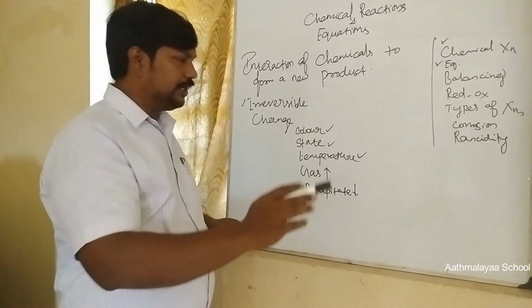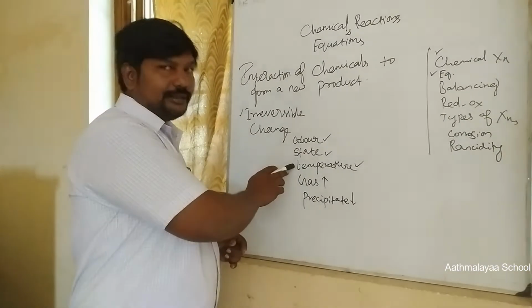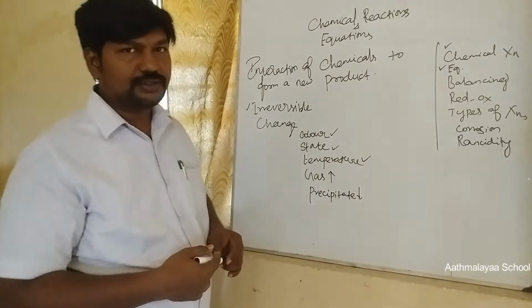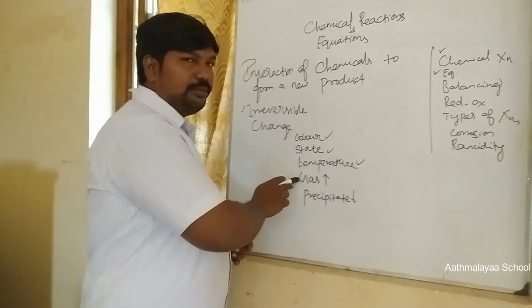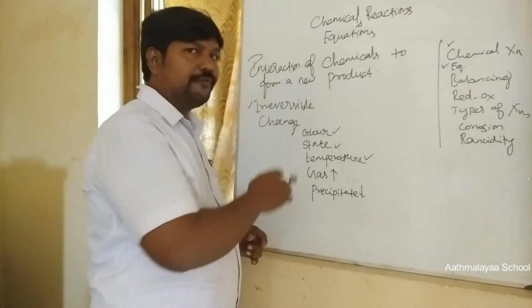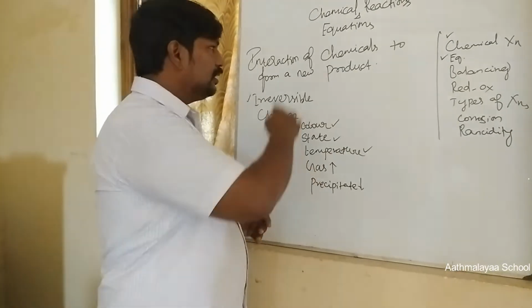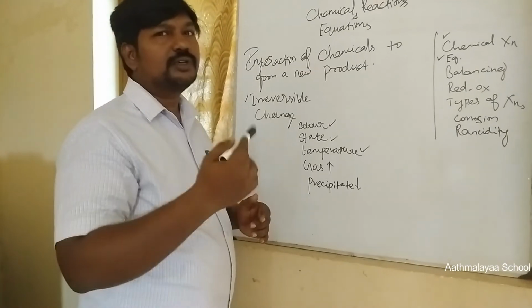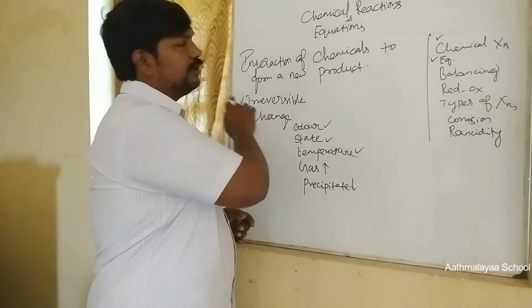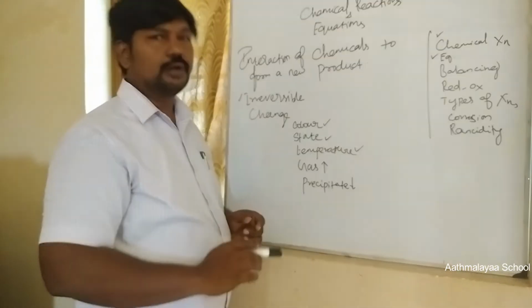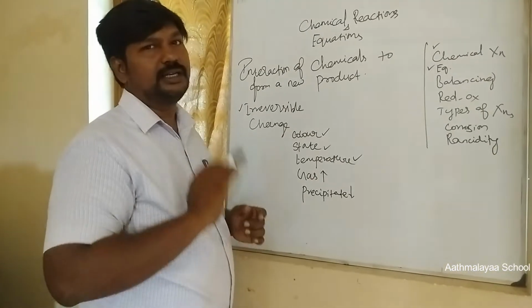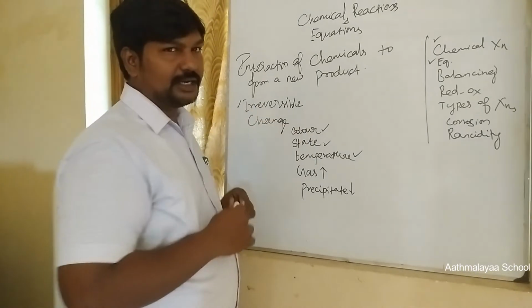There will be change in phase and change in temperature. Exothermic and endothermic reactions are there, gas may be evolved, precipitation may be formed. Most chemical reactions are irreversible, and reversible reactions are also there under drastic conditions.